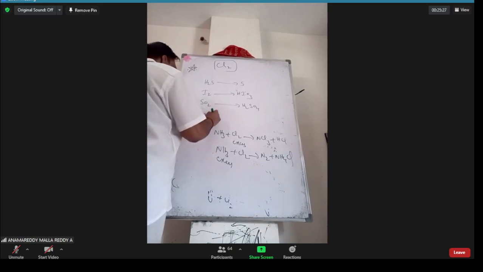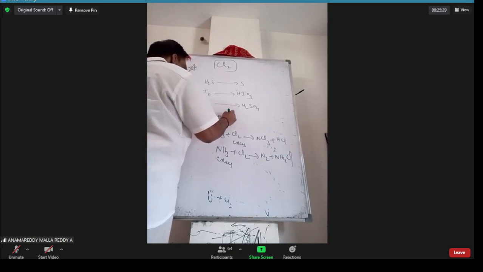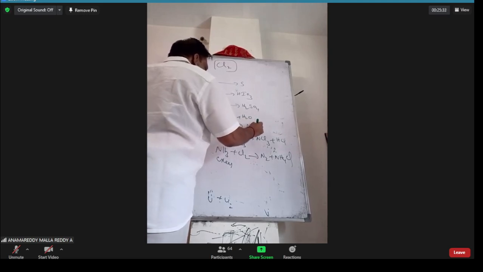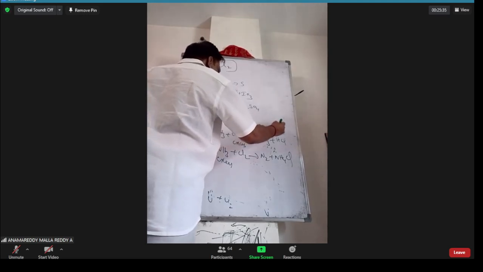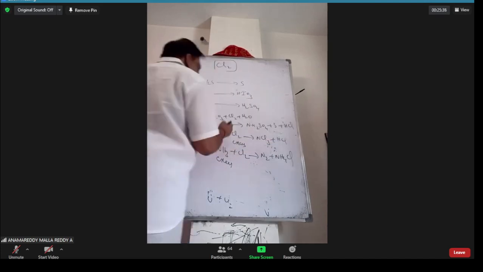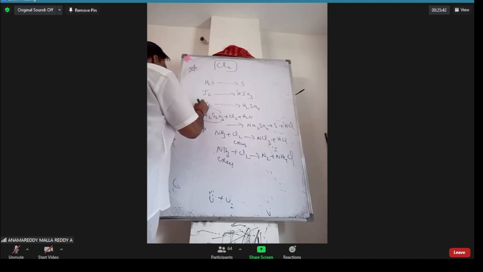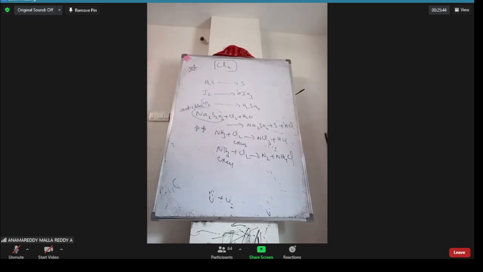The reaction of hypo gives Na2SO4 plus sulfur plus HCl. Here, hypo acts as an antichlor to remove chlorine.